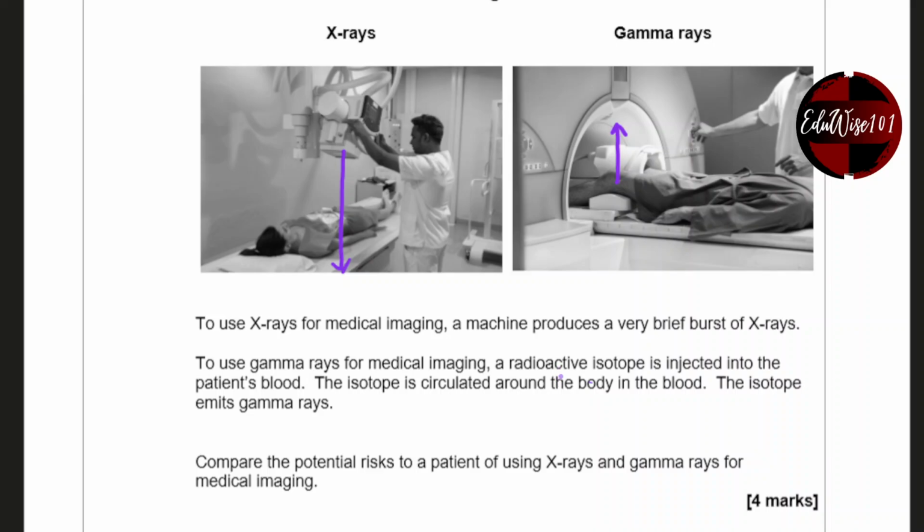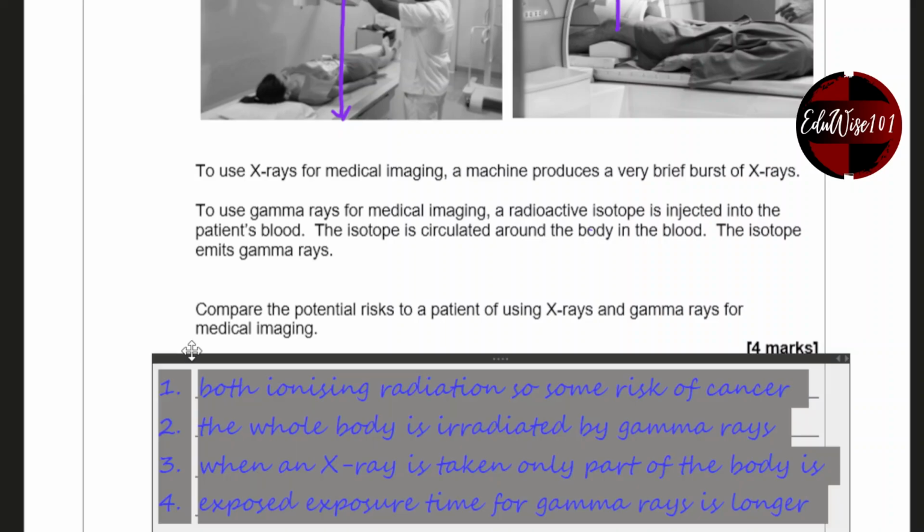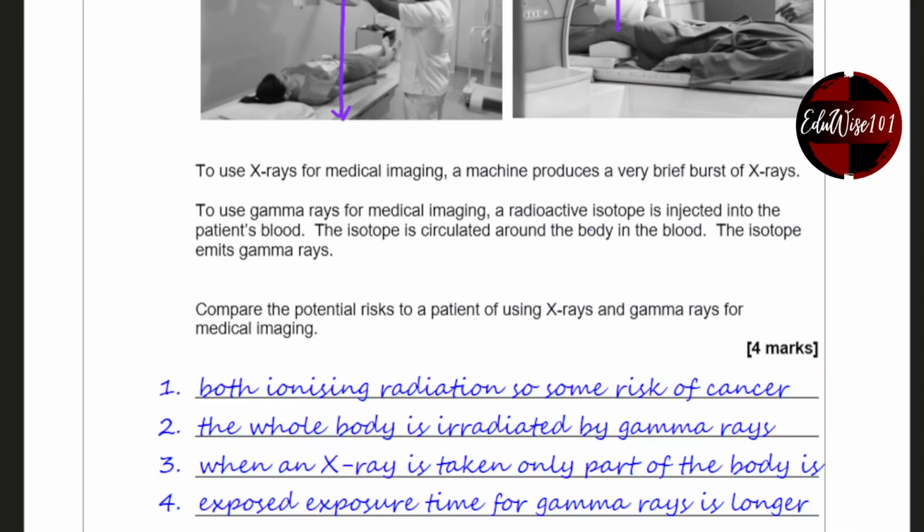So what are the potential risks? They're both ionizing, which means that they can both cause mutation. Gamma is much stronger than X-ray, so it's much worse than X-ray. And the potential risk depends on the amount of exposure to these. So your answer: both are ionizing radiation, so there is some risk of cancer.